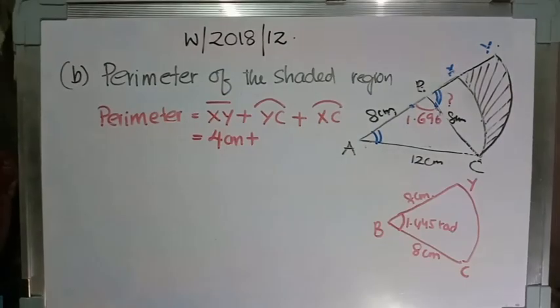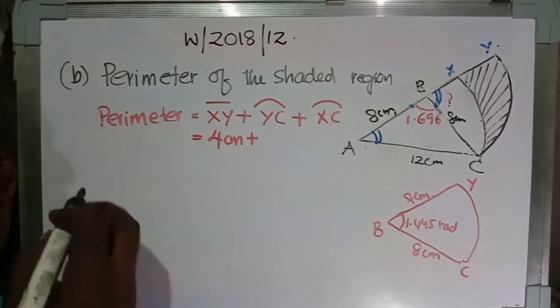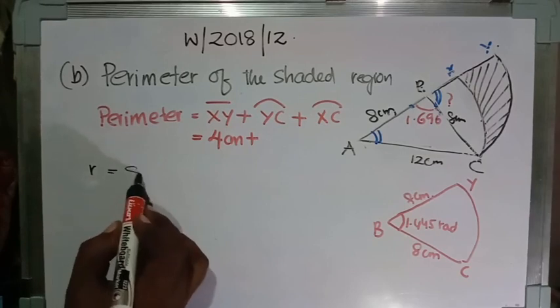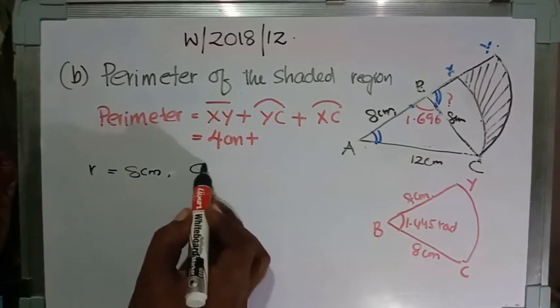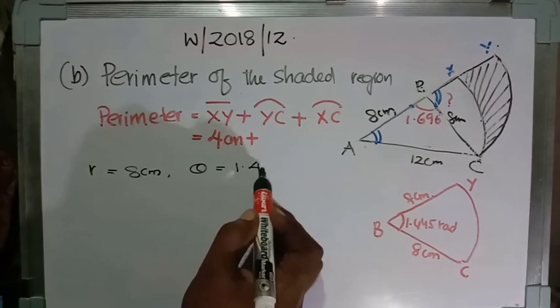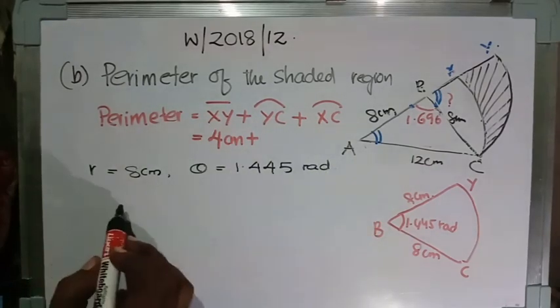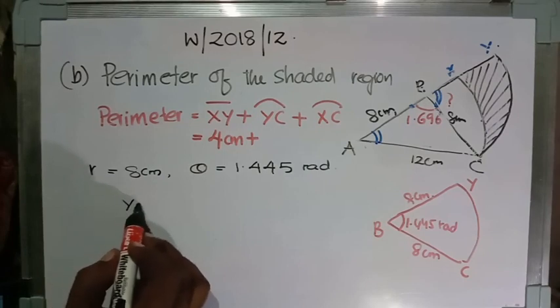So in sector BYC, the radius is 8 centimeter and the angle theta is 1.445 radian, that we found in the first part of the question. So the radius is 8 centimeter and theta is 1.445 radian.